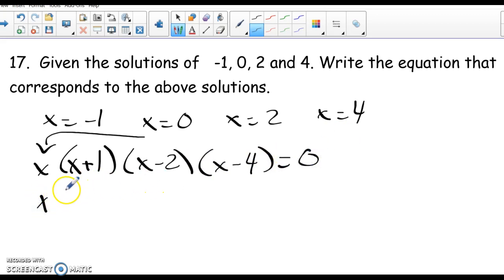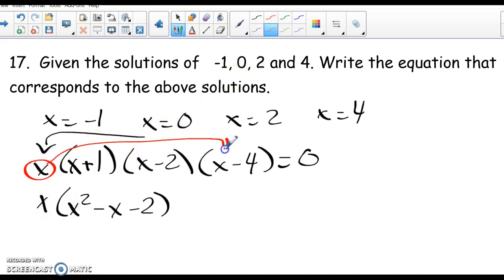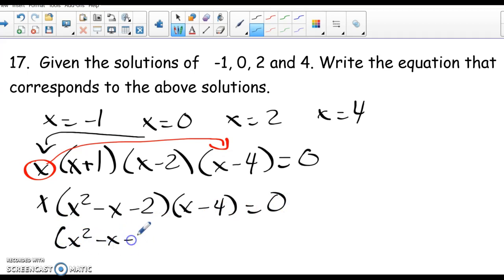If I multiply using my FOIL method here, I end up with x squared minus x minus 2. I'm going to take this x and I'm going to multiply it times that. So that's going to give me x squared minus 4x.